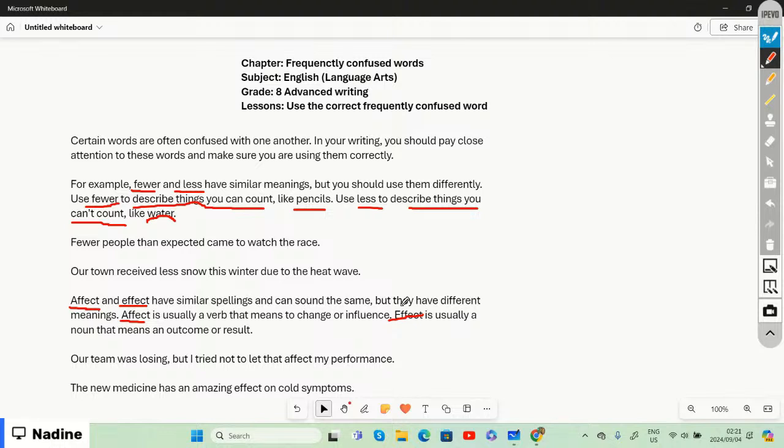And we said that we use fewer to describe things that you can count, whether it is people or things.